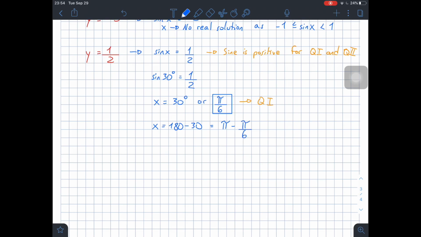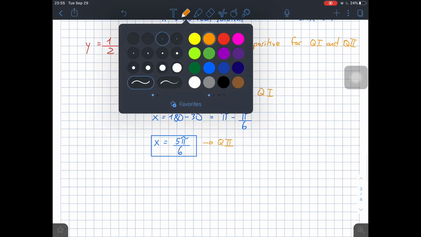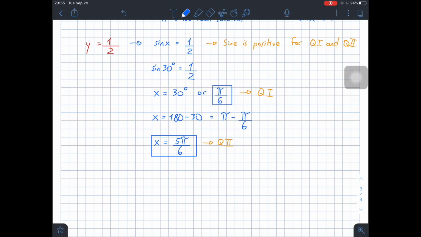So we get the second value, which is x equals pi minus pi over 6, that's 5 pi over 6. So this is the second answer, which corresponds to the second quadrant. This is quadrant number 2. Okay, so just to clarify, this is x1, and this is x2.